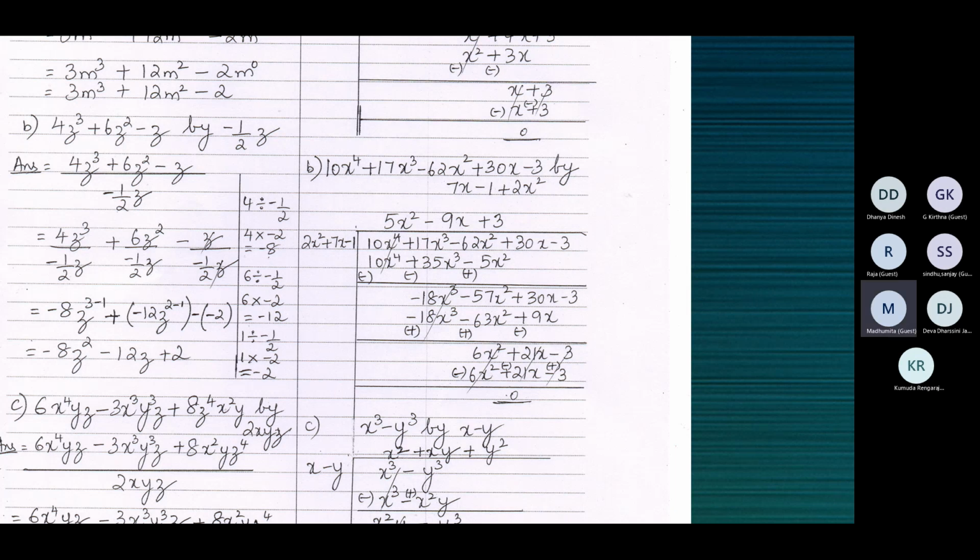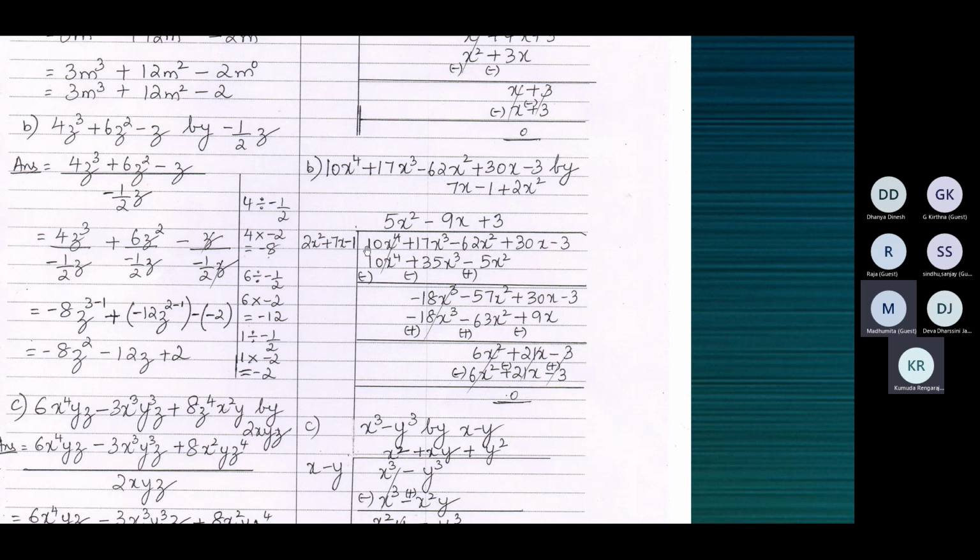Excuse me, ma'am. How do we get 35x cube minus 5x square? Okay. So we have this 5x square, right? Multiply 5x square with 2x square. 5 into 2, 10. X square into x square, x to the power 4. So 10x to the power 4 is the first term here. Next, multiply 5x square with 7x.